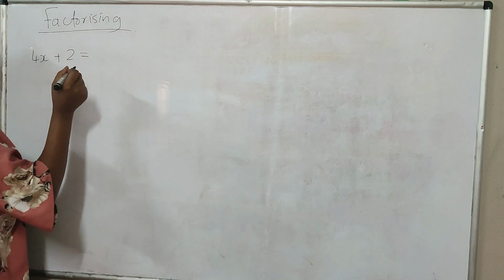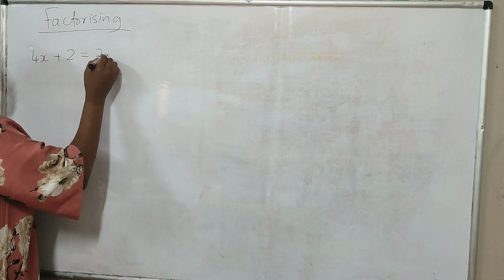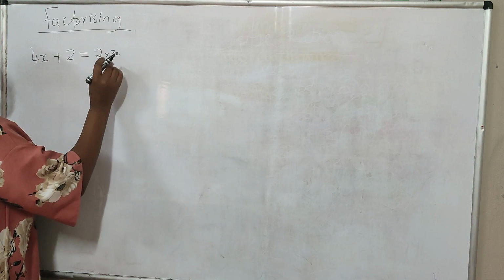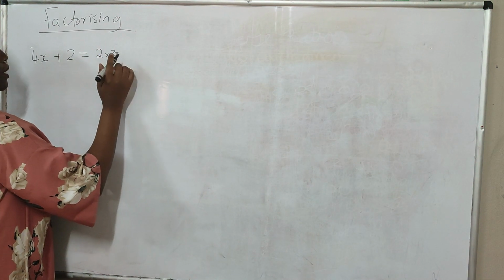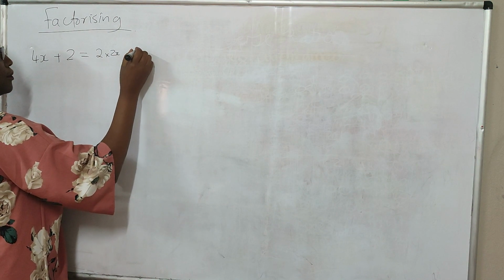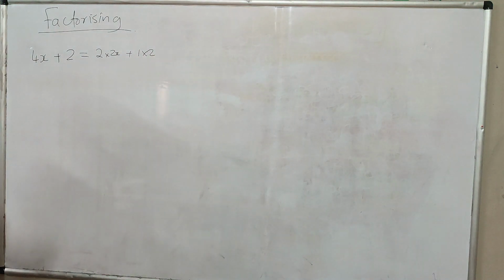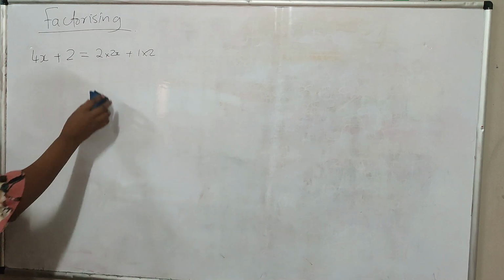Isn't it like 2 times 2x, 2 times 2 times x, plus 1 times 2? No, don't think about factorizing the way I just taught you. Tell me your normal factorizing. If you were given this in a test, how would you factorize?